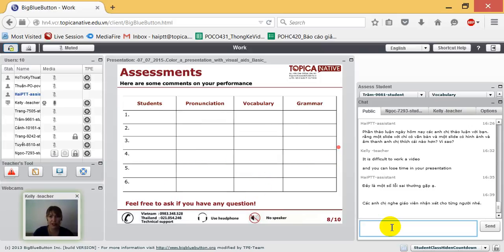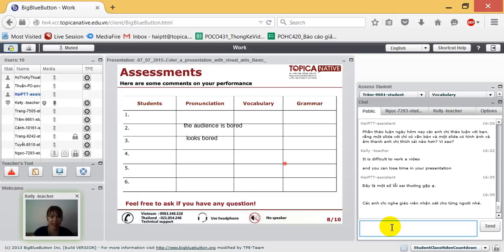We could also say something like, let's see here. Whoops, sorry, wrong tool. You could also say something like, the audience is bored, or the audience looks bored.